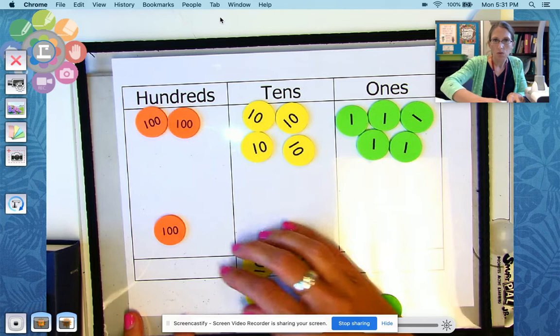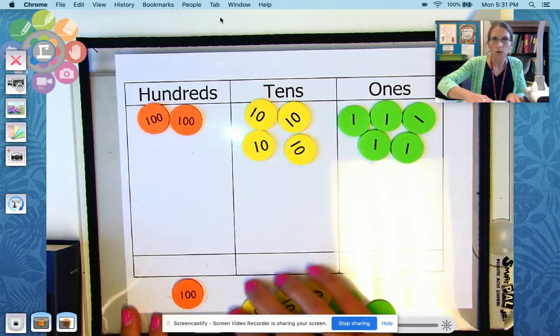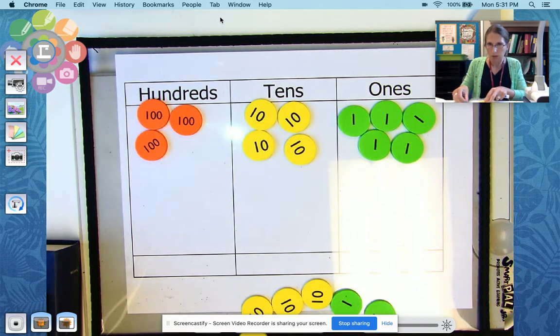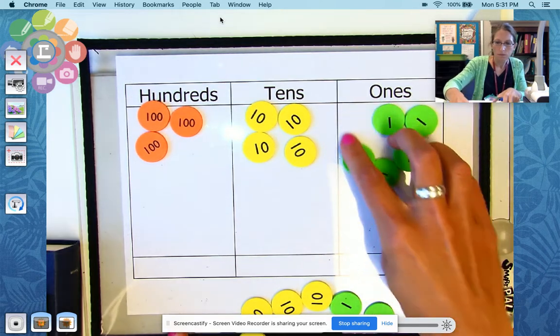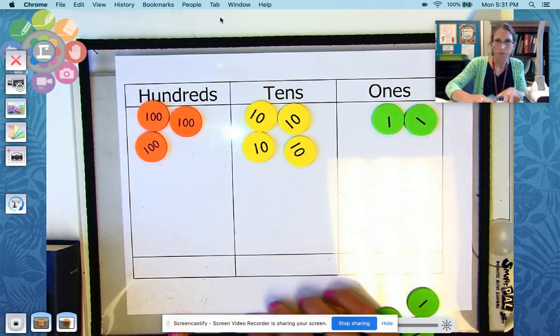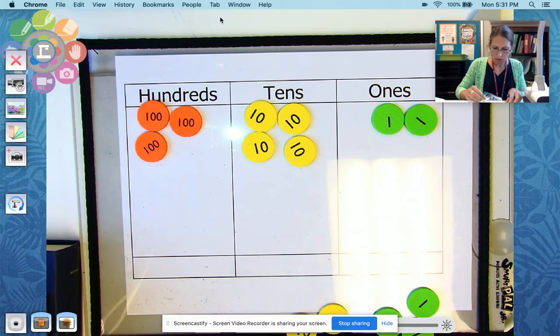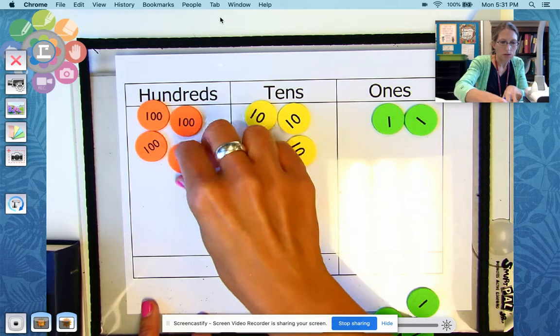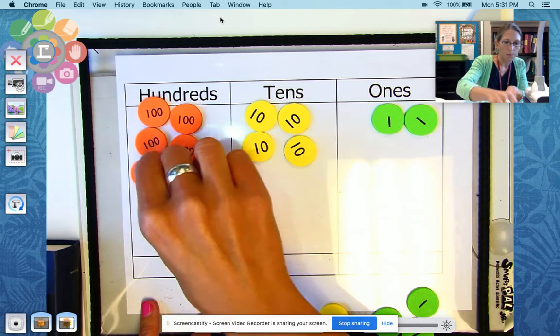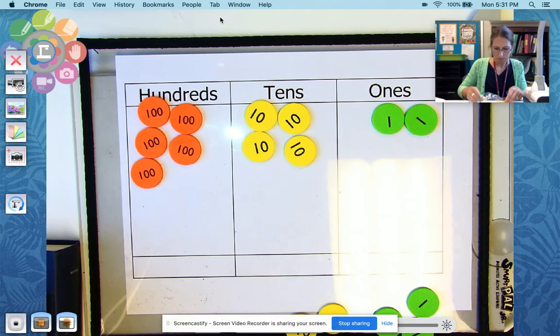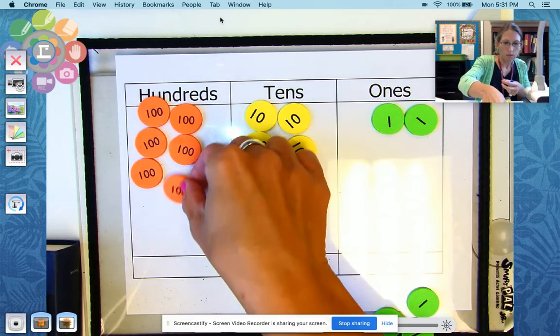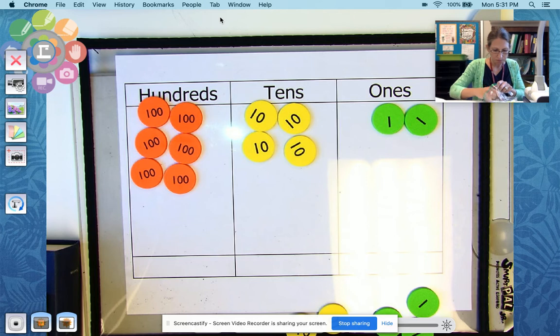So let's see, we had 742. Ooh, I need some more hundreds here. Take away these. 742. So I need 7 hundreds. Let's see, here's 6 hundreds.